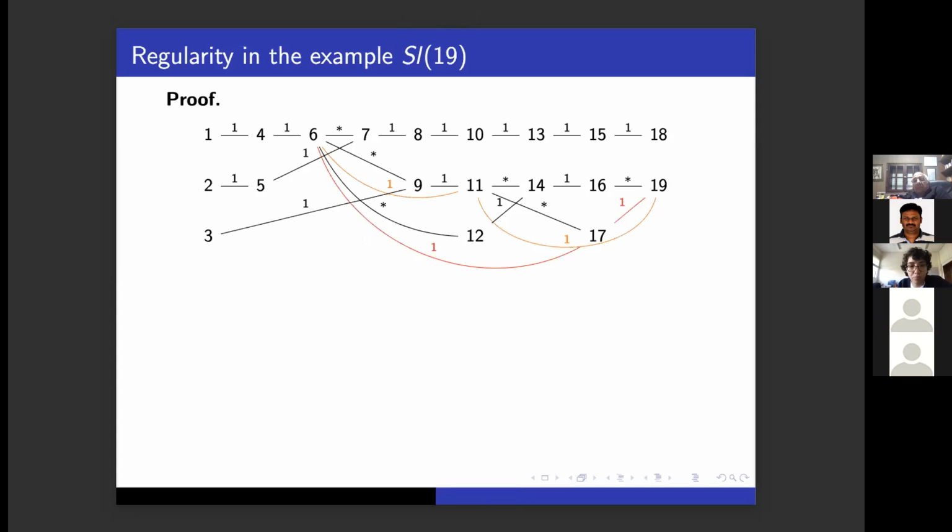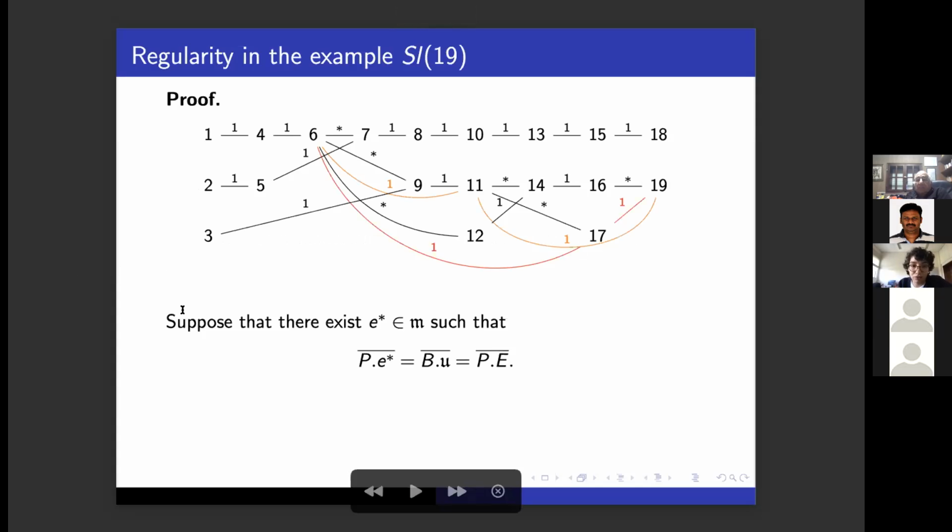So a proof, or the idea of the proof, because there are a lot of things I will not talk about. Suppose that we have a P orbit inside my component. So it means I have an E star in M, such that the closure of the action of P on E star is equal to the closure of BU, and it's equal to the closure of the action of P on E. So I have P dot E star, and here I have P dot big E star.